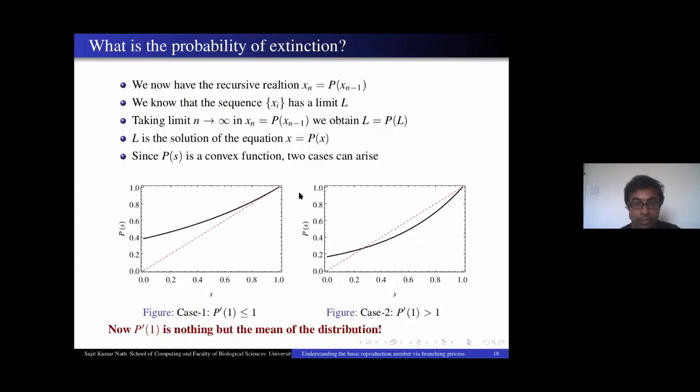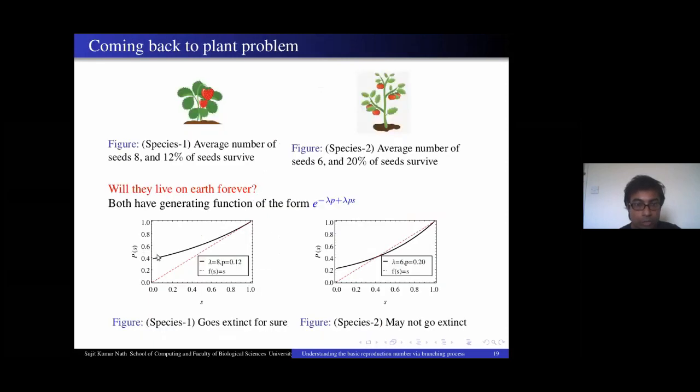If we plot it and again s equal to x, the diagonal line, then for this parameter, if I put lambda equal to 8 and p equal to 12% or 0.12, I can see that this function P(s) intersects the diagonal line only at 1, not before that. But in this case, it is intersecting at some point less than 0.5, say, and then it meets at 1.